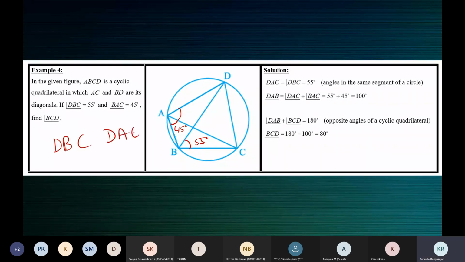DBC and DAC are made by the same arc DC at the points B and A on the circumference of the circle. So we can say that angles in the same segment of a circle are equal, because they're subtended by the same arc DC at two different points B and A on the remaining part of the circle.